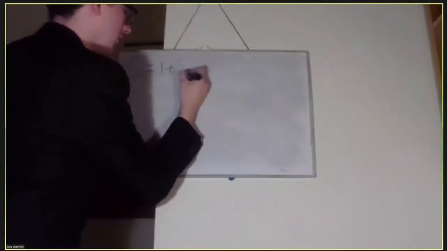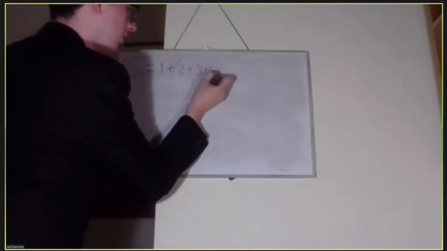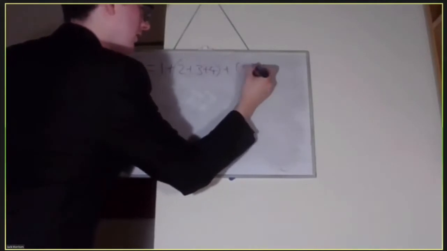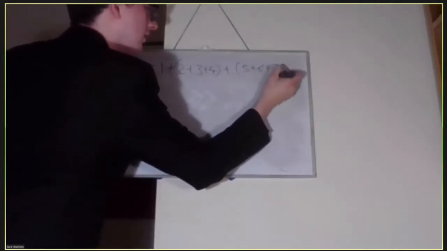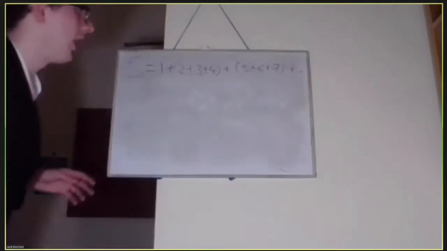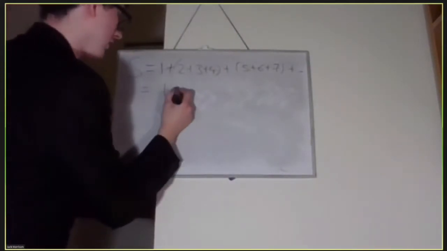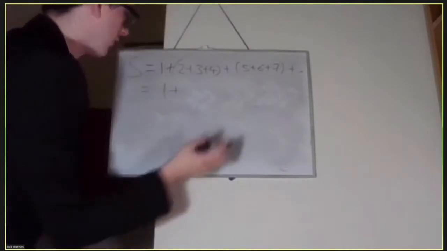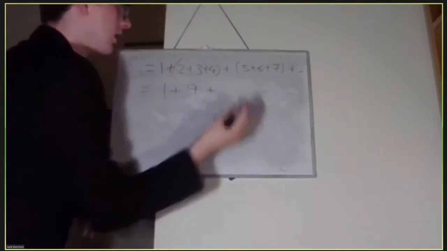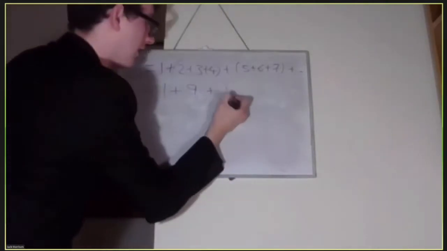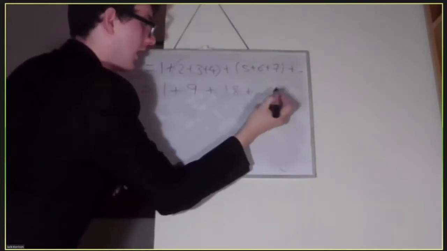So, in particular, we have S is 1 plus, and then we can group the terms. 2 plus 3 plus 4 plus 5 plus 6 plus 7 plus, and so on forever. For that, it's 1 plus 2 plus 3 plus 4 is 9. 5 plus 6 plus 7 is 18, and so on forever.